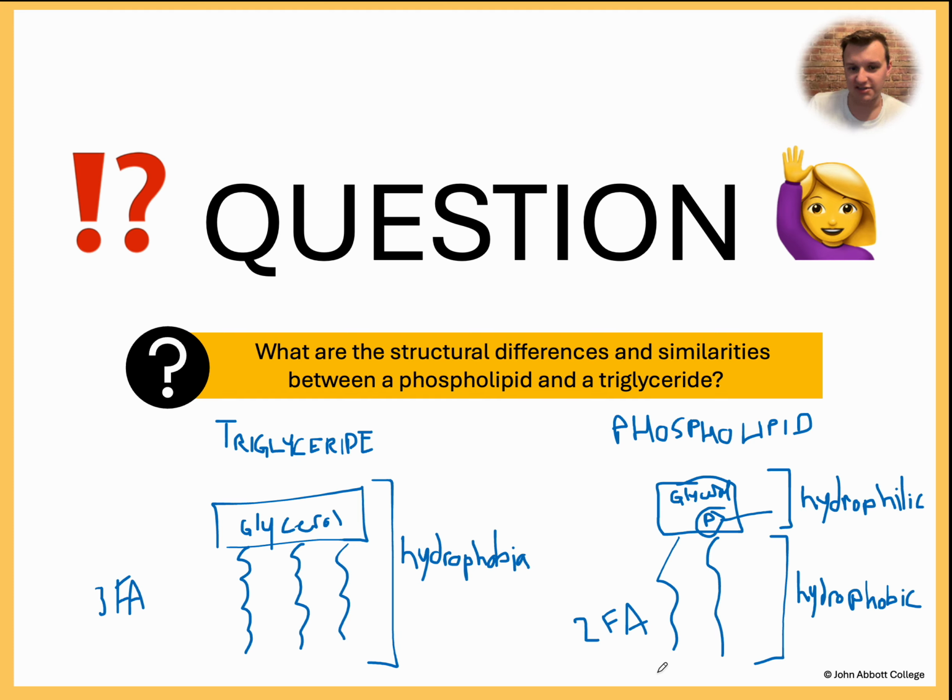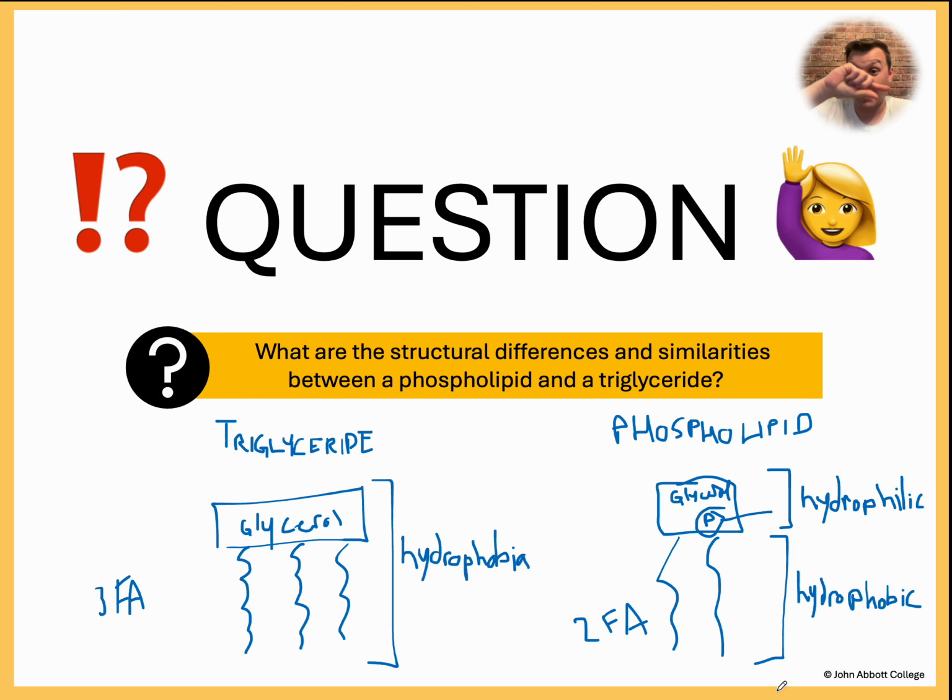I know it's not in the question, but I'll ask you now, what are the functional differences, right? What do they do in terms of functions? Triglycerides, these are the fats of the body. These are for long-term energy storage and protection and all of these things. Phospholipids don't do that. Phospholipids are around every single cell.